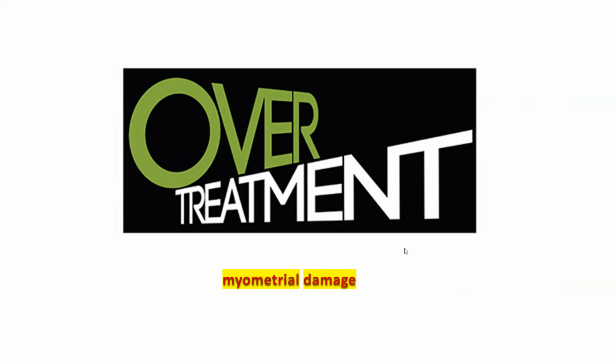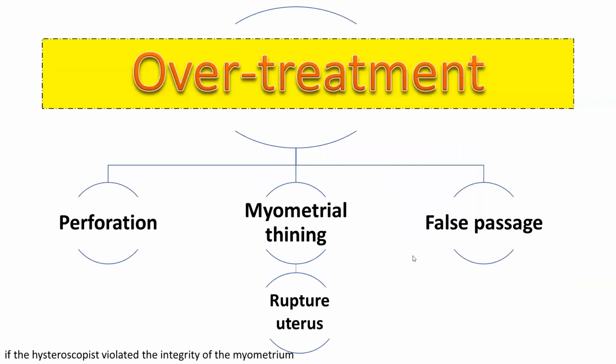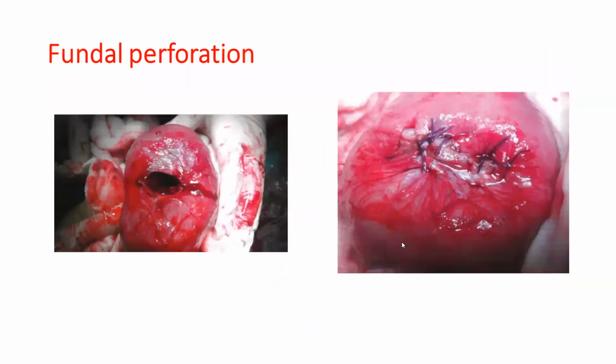Some doctors start to cut the septum and continue cutting until they reach the myometrium and cause myometrial damage, and this is called over-treatment. Over-treatment can lead to perforation of the uterus, can lead to myometrial thinning, which leads to uterine rupture in the subsequent pregnancy, and can lead to false passage.